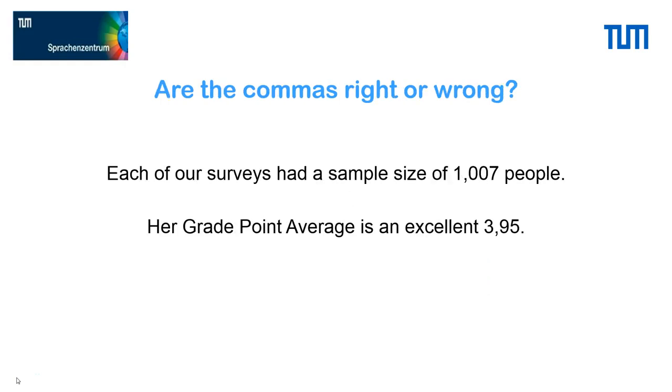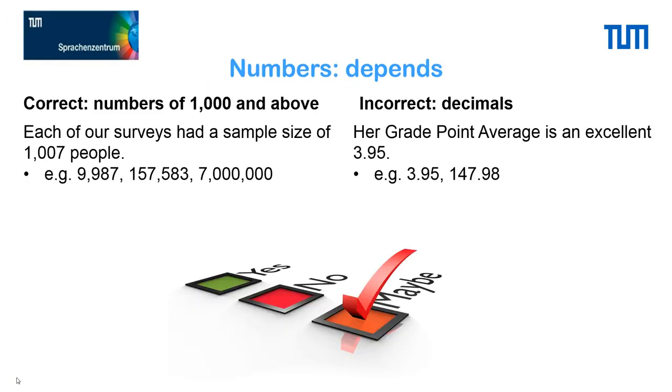Okay then, next two sentences. "Each of our surveys had a sample size of 1,007 people" and "Our grade point average is an excellent 3,95." So here we're dealing with numbers in each case. However, only one of the sentences is correct. So each of our surveys had a sample size of 1,007 people.